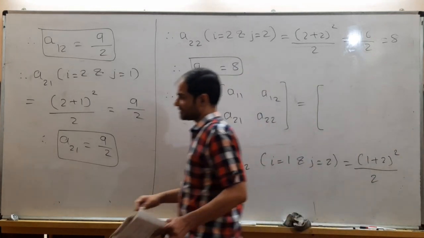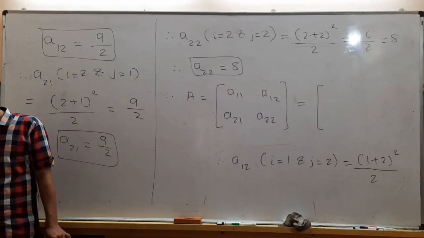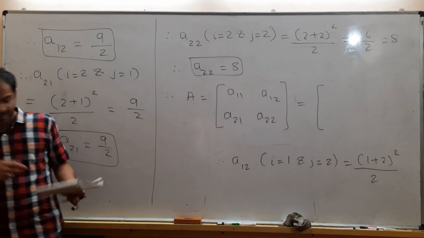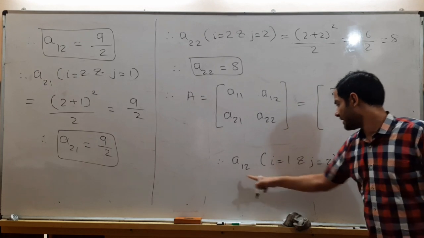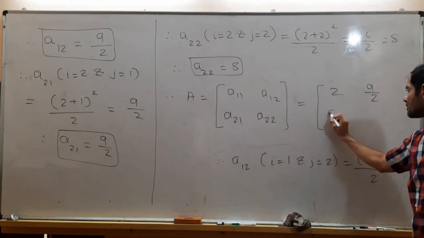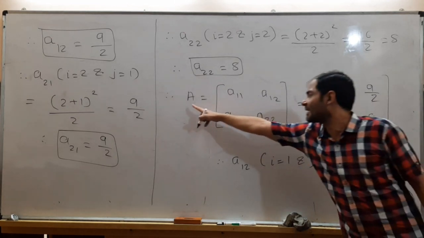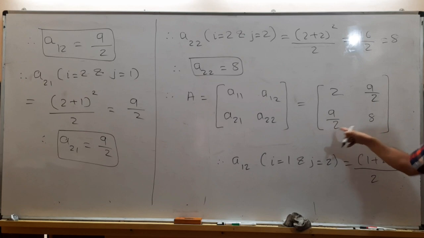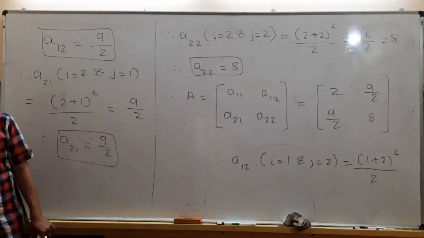If I'm not wrong, I can just check. Yeah, A11 was 2 only. So A11 is 2, A12 is 9 by 2, A21 is also 9 by 2, and this is 8. So this is the final answer. The required matrix A is 2, 9 by 2, 9 by 2, 8.